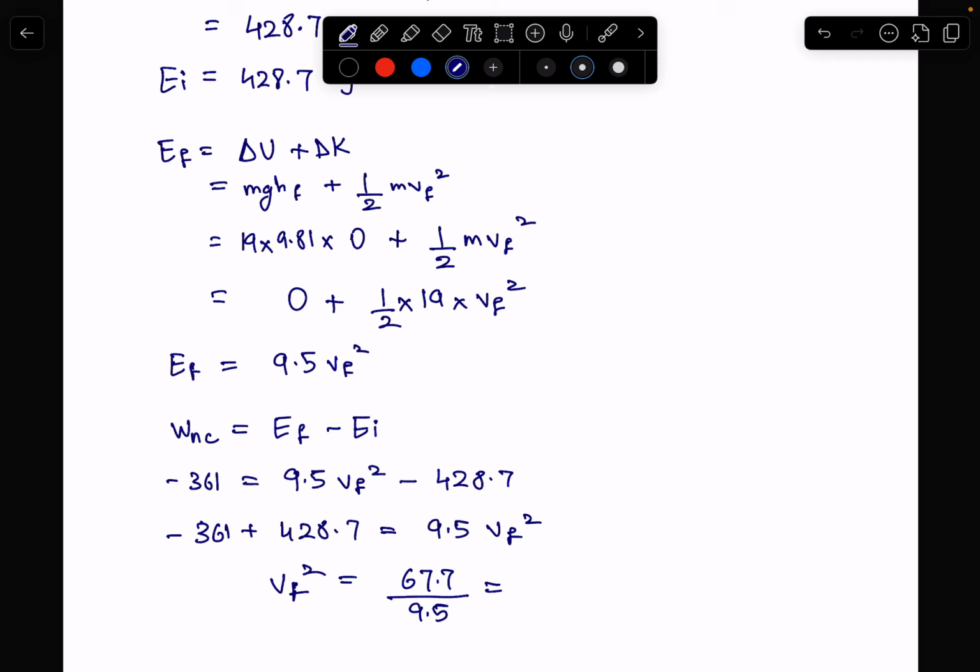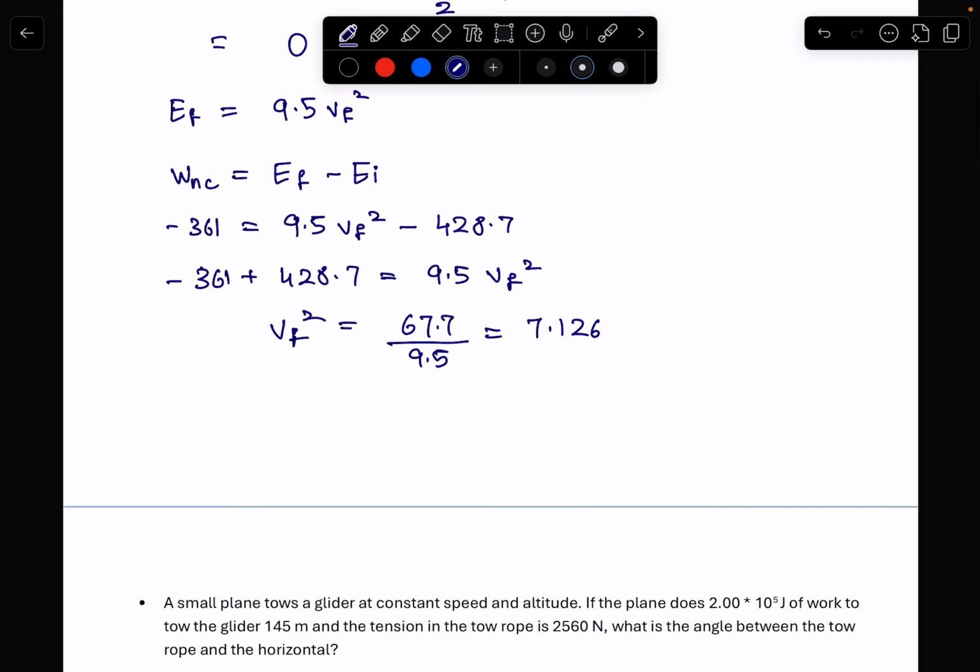9.5 is 7.126. So Vf is 2.67 meters per second.